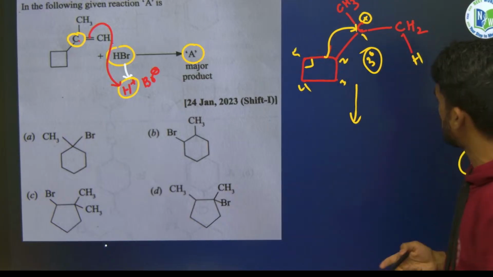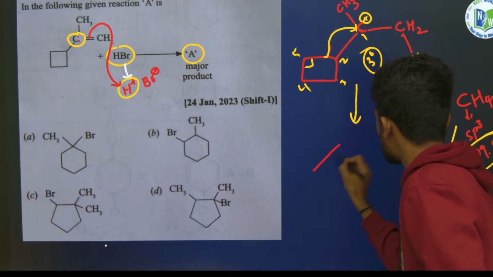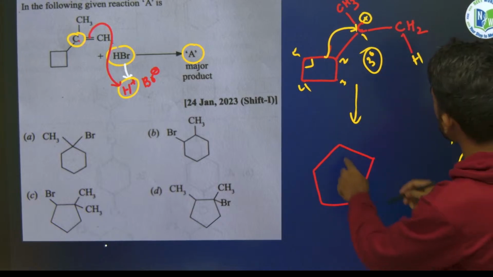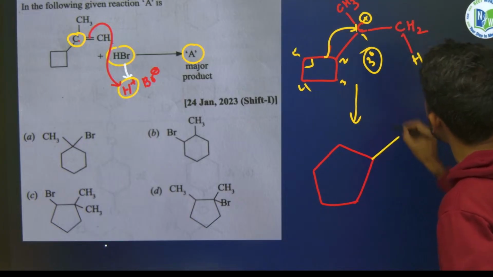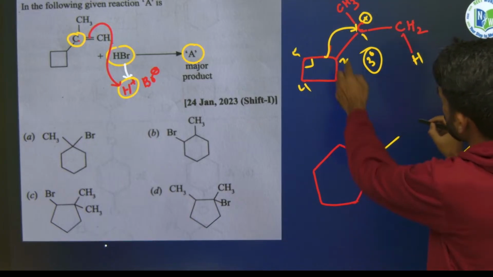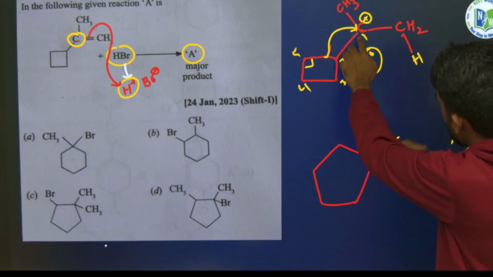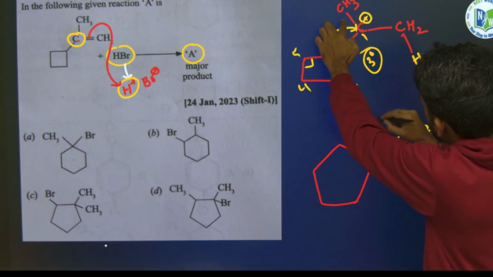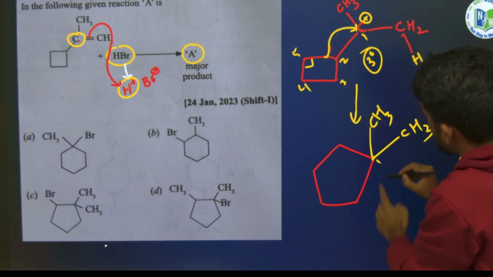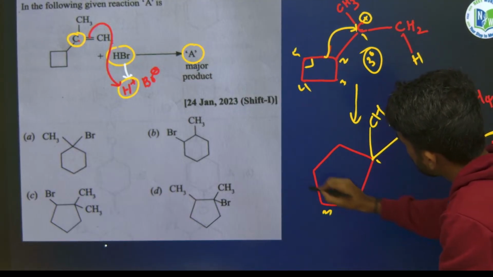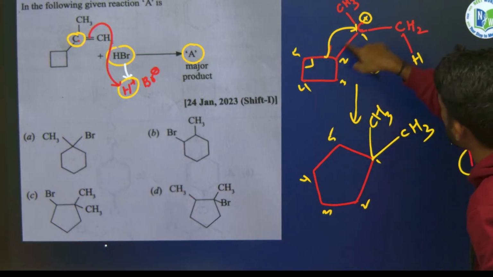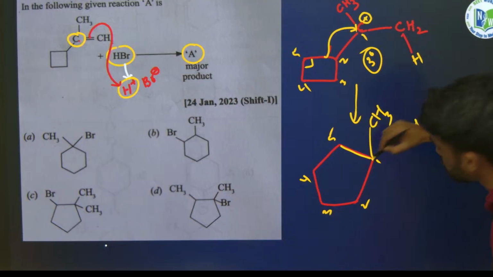Let us write the 5-member ring. This is the first carbon, and to this we have one methyl group on this side and one more methyl group on this side. This is the first carbon, and this is second, third, fourth and fifth. Between 5 and 1 a new bond is formed.